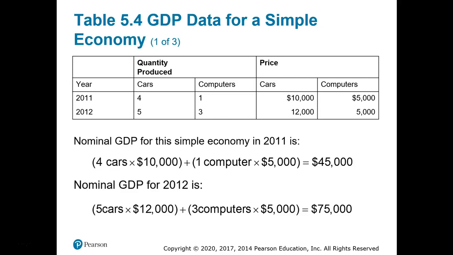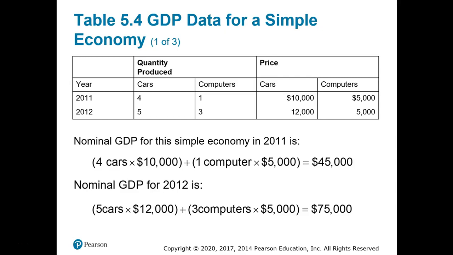If we're looking at price, the prices went up only on cars. Did it go up substantially enough to cause that major change? Yeah, it did. If we were just looking at 4 and 1, and we used the prices for 2011 and changed it, instead of using 2011's, use 2012's.